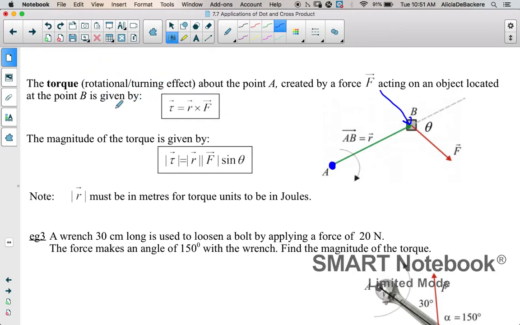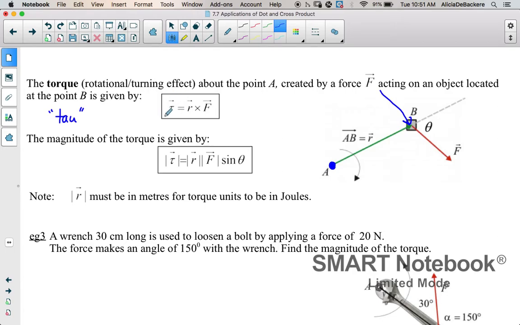When we talk about torque, we use the Greek letter tau, this funny T symbol here. Torque is a vector, so it has a direction as well as a magnitude.